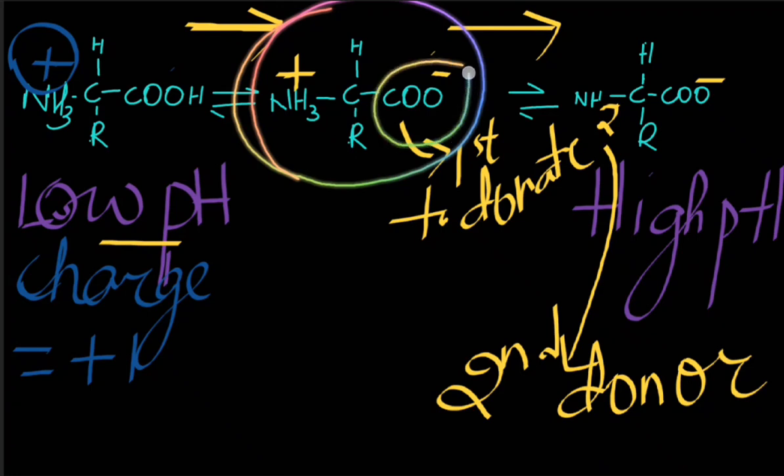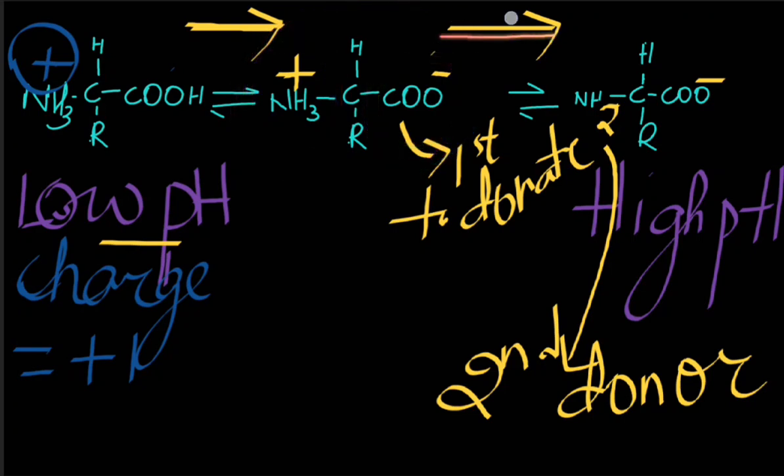Therefore, the first one to donate its hydrogen ion to maintain the pH is COOH. Then it will have a minus charge, right? NH3 is already there, not losing its hydrogen. Again, the pH is increasing. Now this had already given its hydrogen previously, and now this will also give its hydrogen and then lose its positive charge. So now it doesn't have any charge.